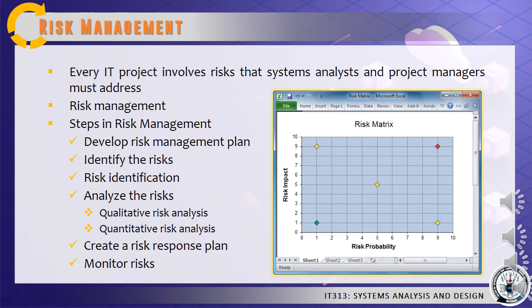In the chart, notice the various combinations of risk and impact ratings for the 5 sample values. This tool can help a project manager focus on the most critical areas where risk, probability, and potential impact are high.